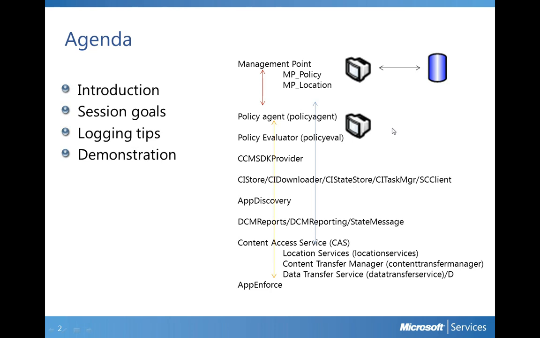Remember that for the client to learn about anything, the client has to read policy. Client policy actually tells the client what to do. That is generically true, regardless of whether we're talking about packages, applications, instructions for a client agent, or hardware inventory settings. It doesn't matter.